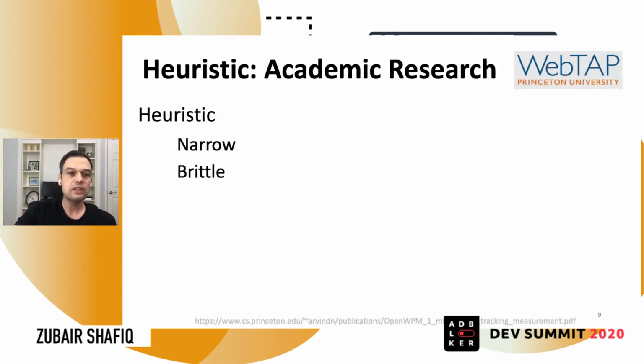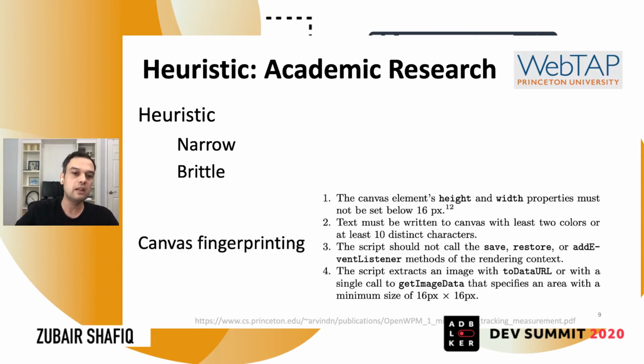In academic research, people have proposed heuristics to automatically detect fingerprinting, but the problem is that these heuristics are handcrafted and defined very narrowly to avoid false positives. For example, this is one of the most widely cited heuristics used to detect canvas fingerprinting.